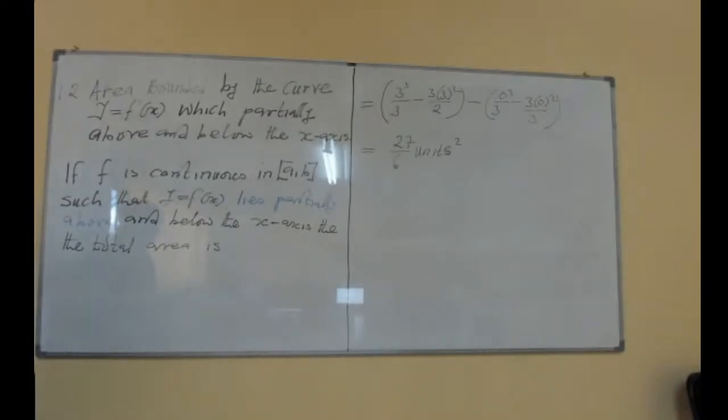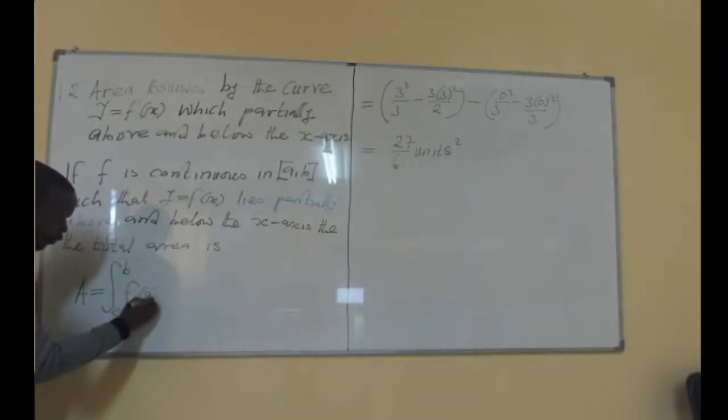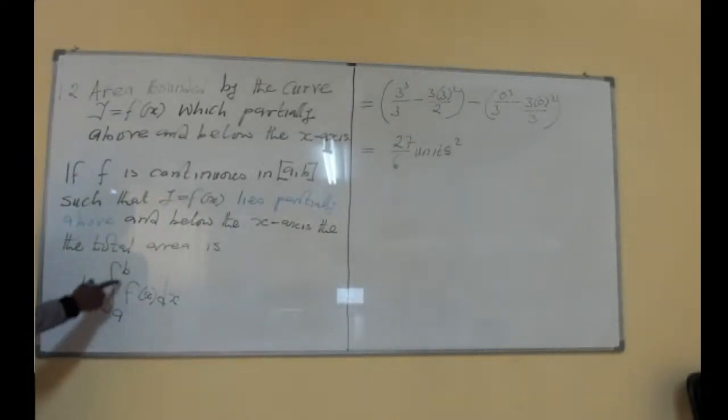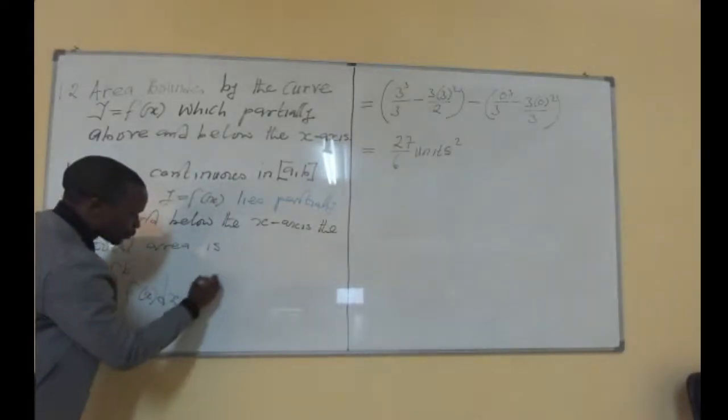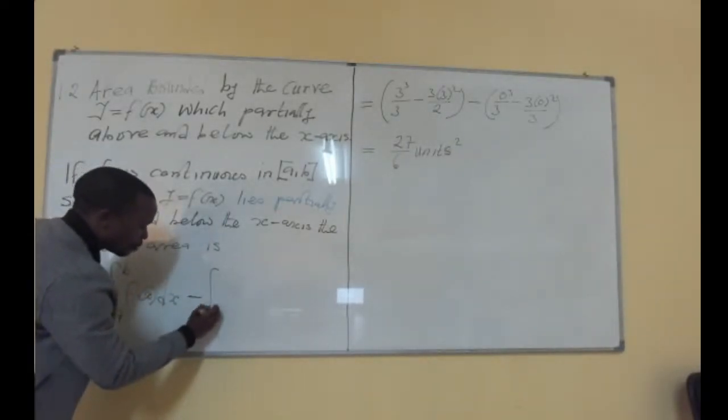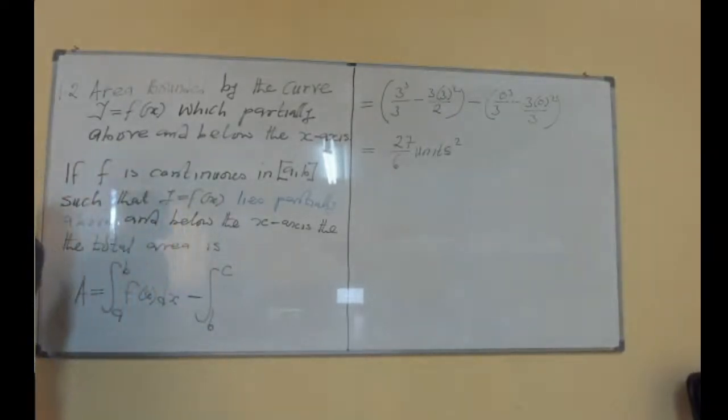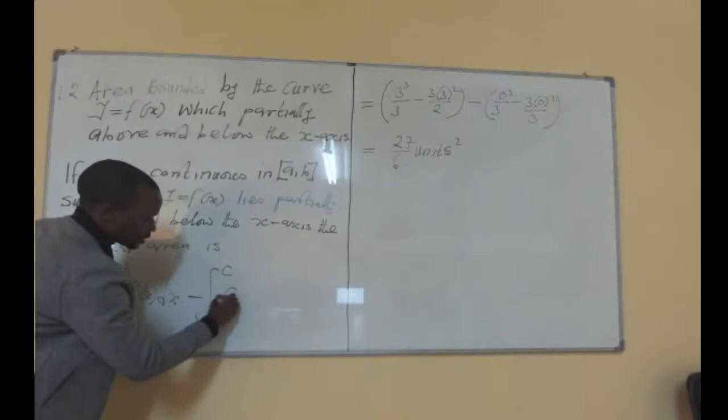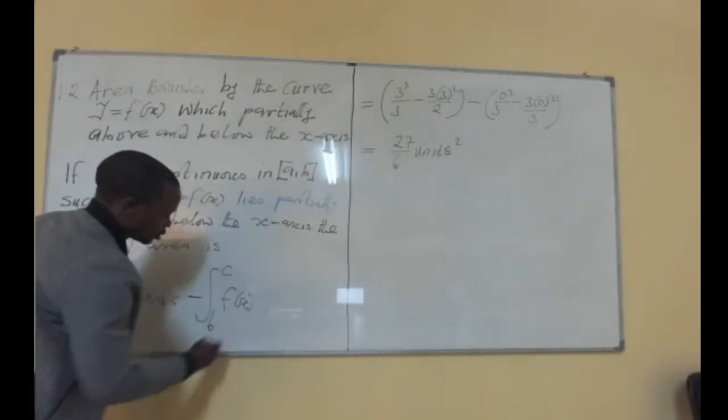the integral from A to B of f of x, where in this interval the curve lies above, then minus the integral from B to C of f of x.